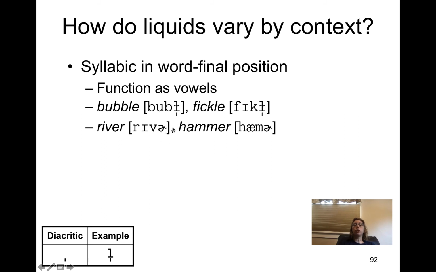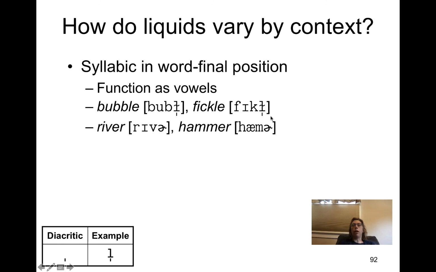So essentially our schwars are considered to be syllabic, but they also contain a vowel, so they're in a slightly different category than just an L, because they have a vowel as well as an R. But the L's, if we put the syllabic diacritic below them, can actually function as a syllable by themselves.